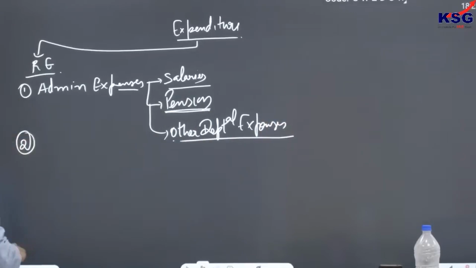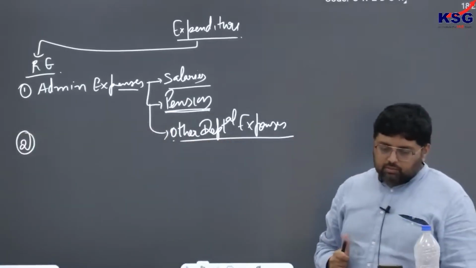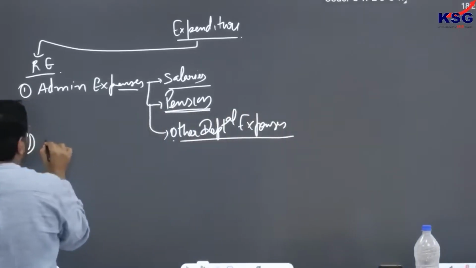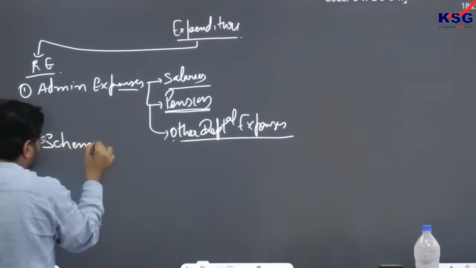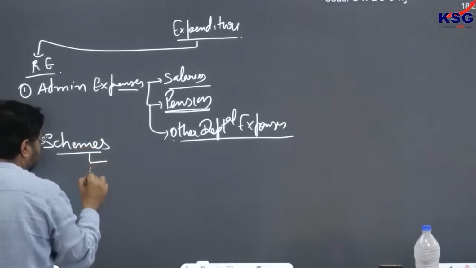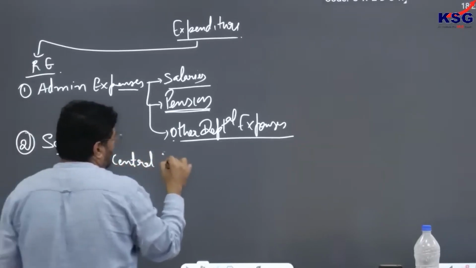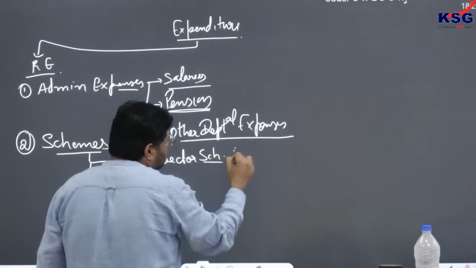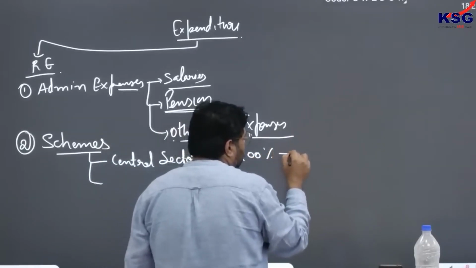Number two, if you see what further it includes, it includes money spent on schemes. There are two types of schemes. Central sector schemes are those schemes where 100% money is given by the Government of India.